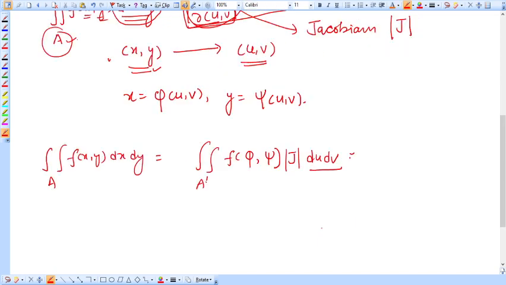So this is the process of how we change the variables in double integrals.